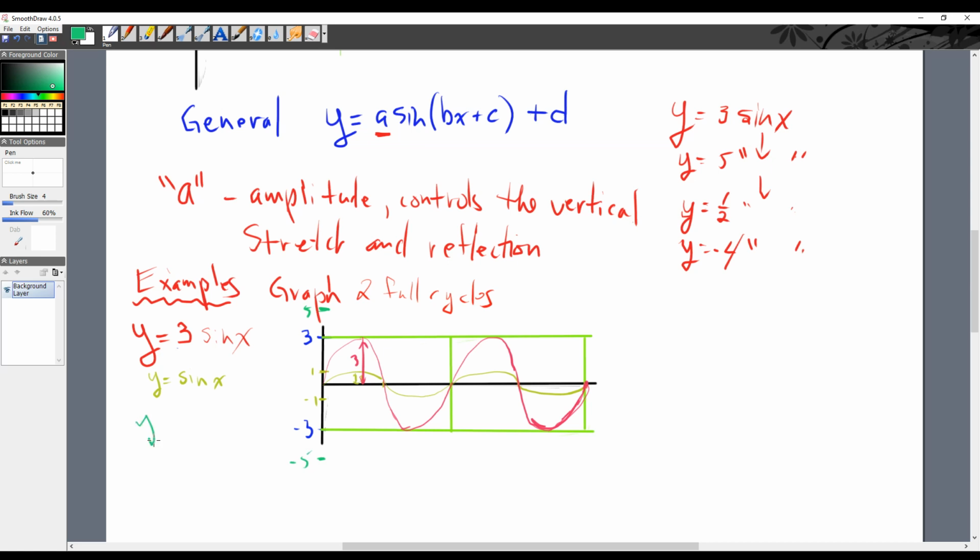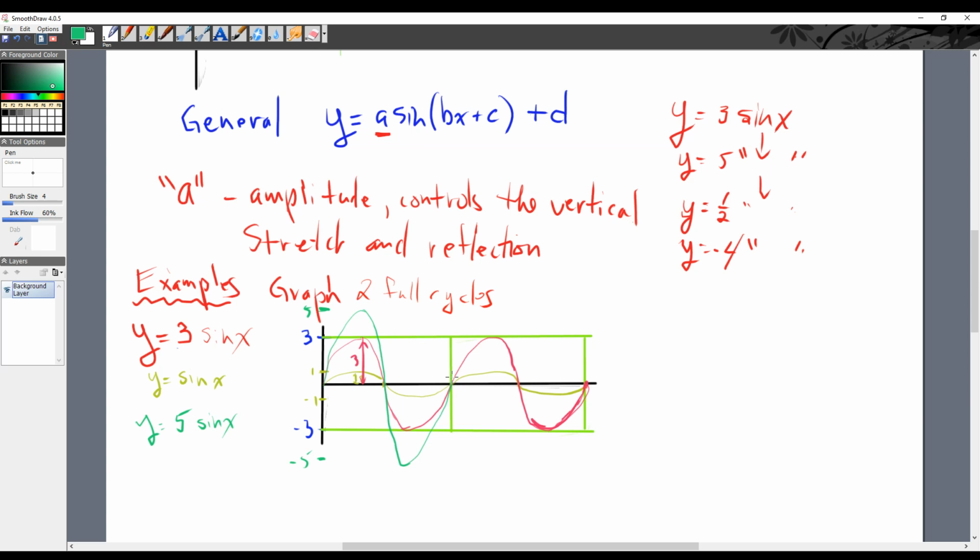So y equals 5 sine of x would look very similar, but even taller. It would go all the way up to 5, we'd still cross down in the same position, come down underneath, get down to -5, and then rebound and go back up.